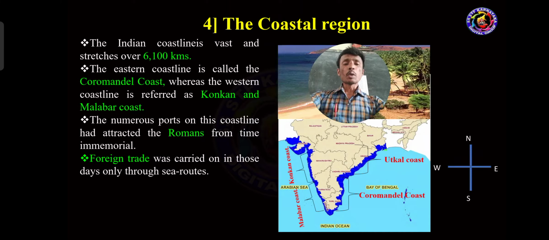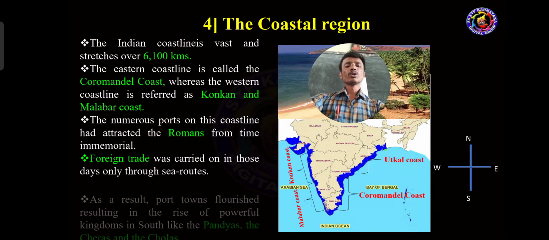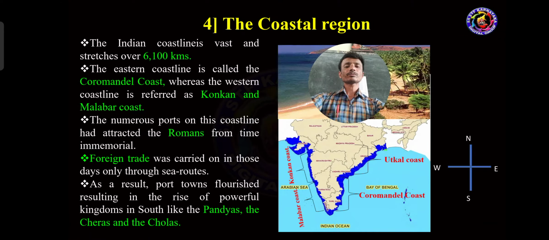That is why most of the Europeans came to India to do trade through the sea routes. As a result, port towns flourished, resulting in the rise of powerful kingdoms in the south like the Pandyas, the Cheras, and the Cholas.